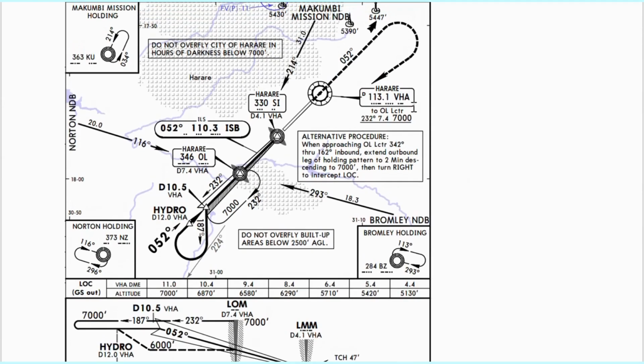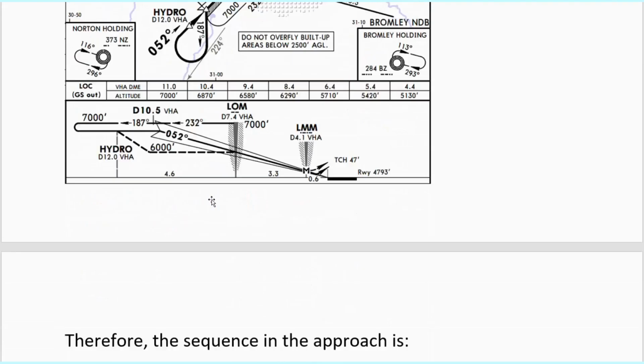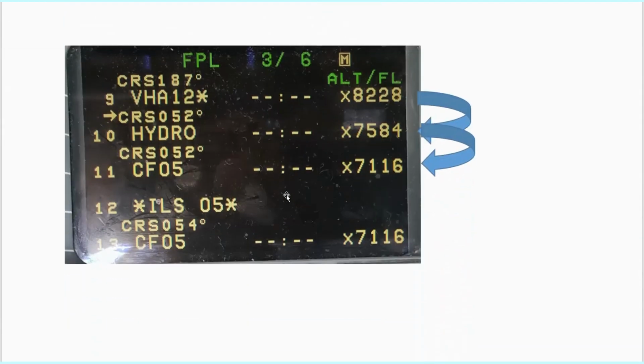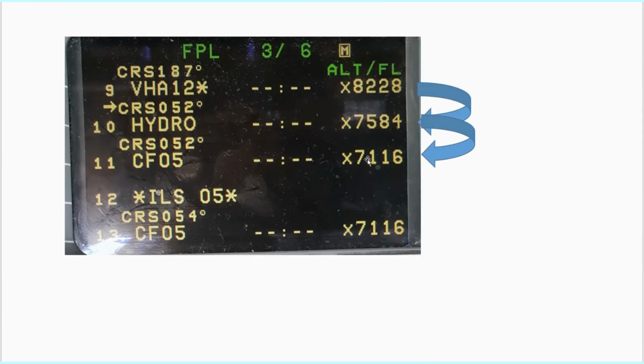I will program here 11,700, and then 8,200, 7,600, all the way to 7,000, hit hydro, level off for maybe a little bit, and then I intercept the ILS at 7,000. Which means that in the FMS now, here I'm going to have line select keys where I'm going to put 11,700 here, 8,200 here, 7,600 here, and 7,000 at hydro, 7,000 at the center fix.